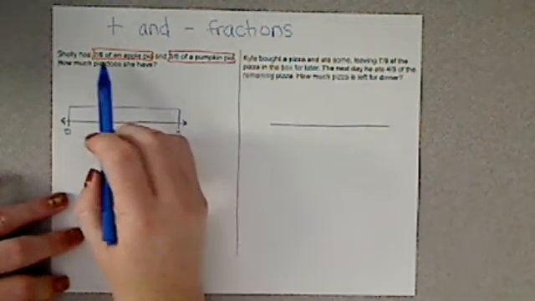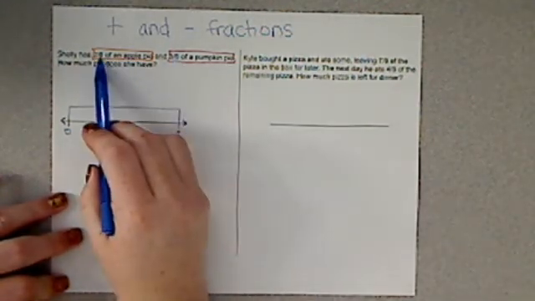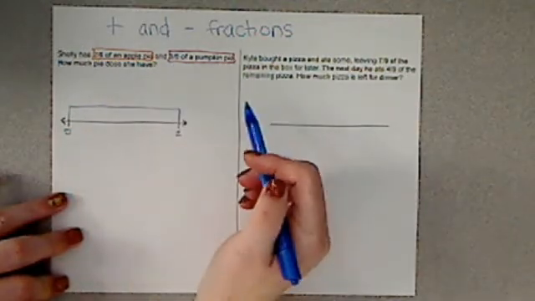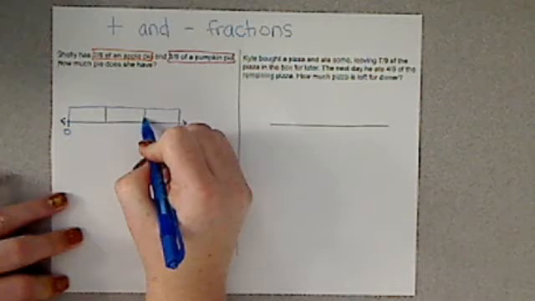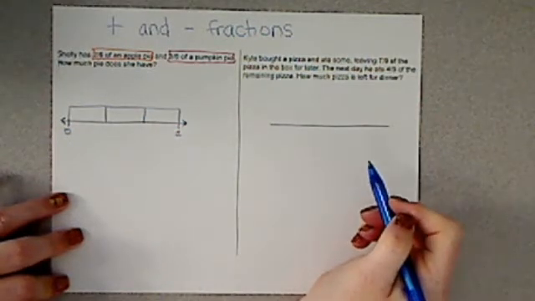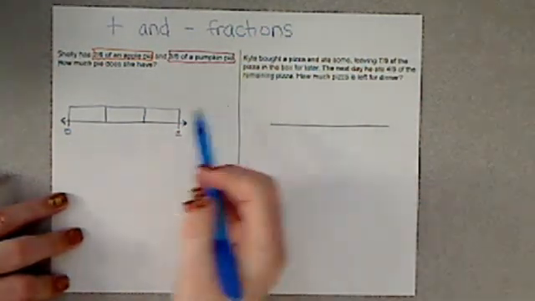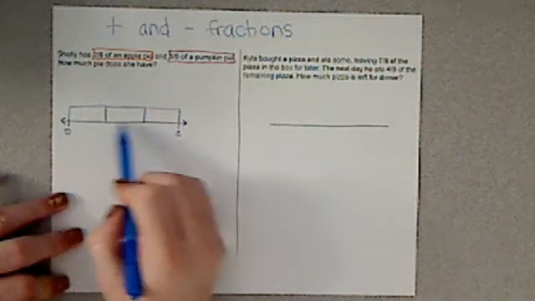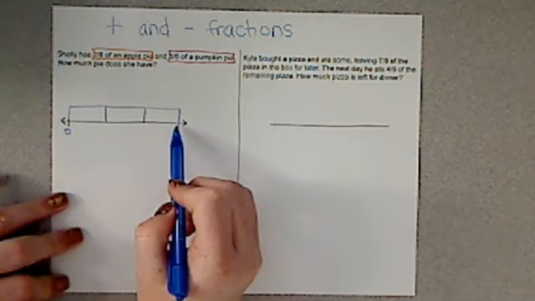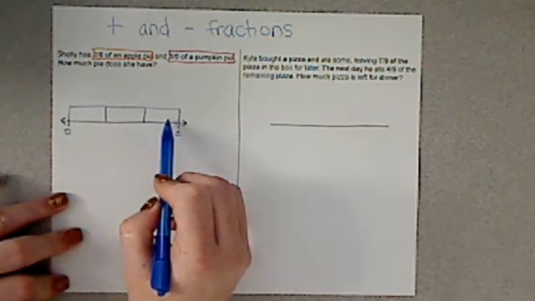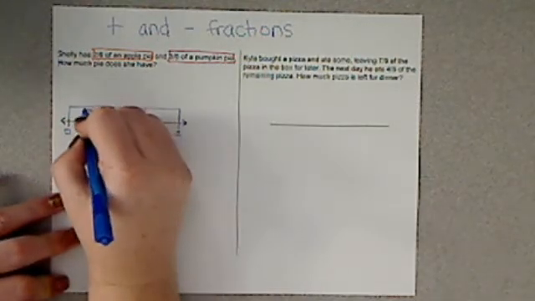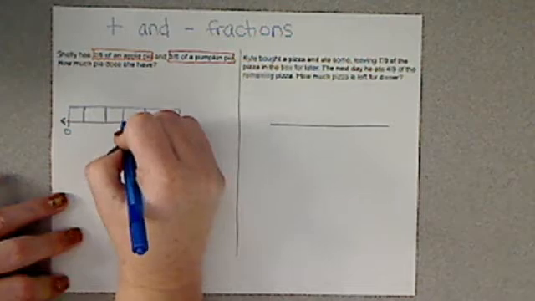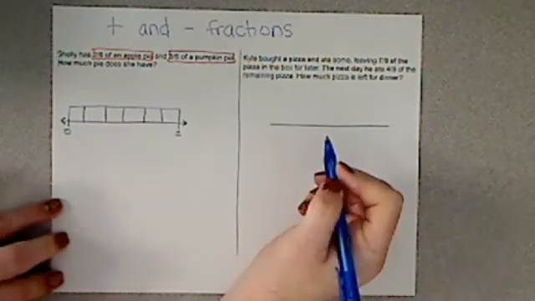Now, based on my fractions, each of my fraction bars needs to have 6 pieces. So the first thing I'm going to do is split this into 3 pieces to make it easier on myself, because 3 is relatively easy to make. But then I know that 3 times 2 is 6. So if I break each of these sections into 2 more pieces, I'm going to have the 6 pieces I need.